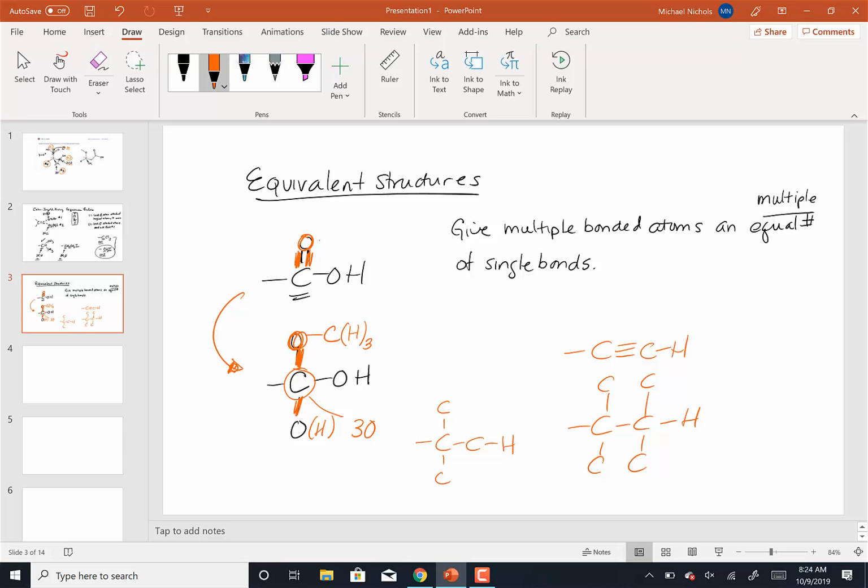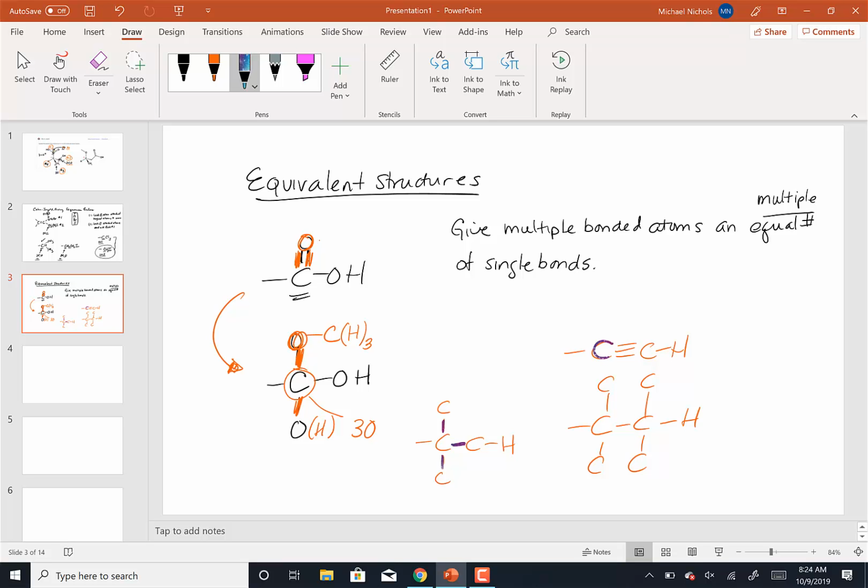So let's figure that out. If I'm looking at the carbon-carbon triple bond, this carbon needs 3 CC single bonds. Single bond number 1, single bond number 2, single bond number 3.